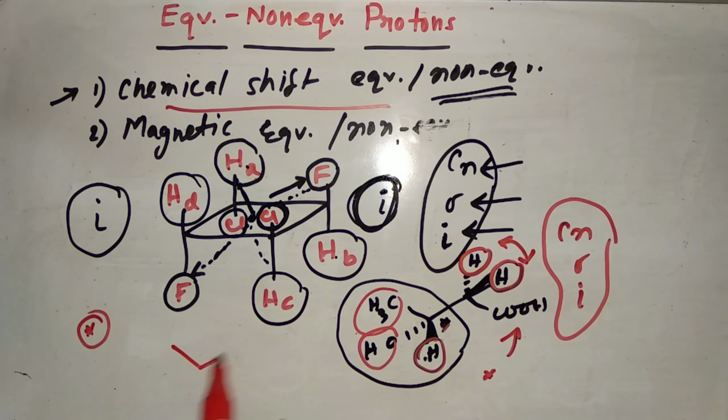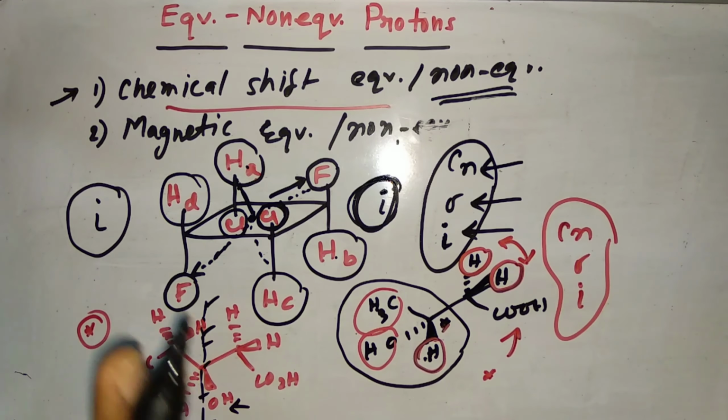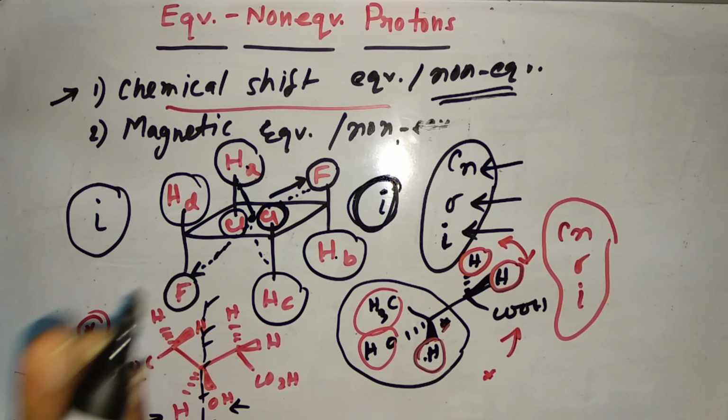So the system will be like this. Here you can apply the sigma plane, because the sigma plane will be like this, with this OH above and this H towards the below side, so this OH and this H lie on this sigma plane.